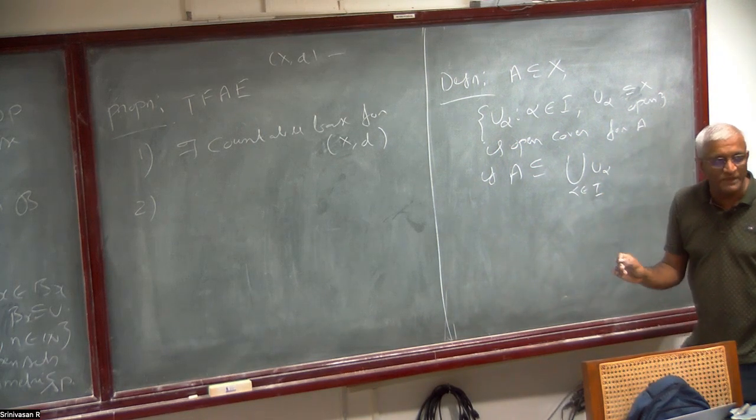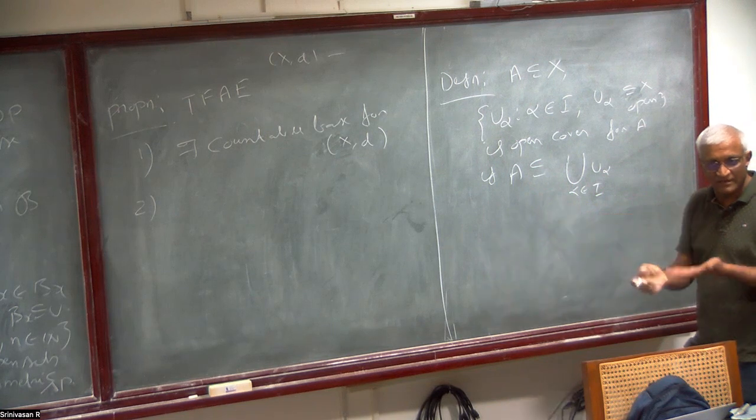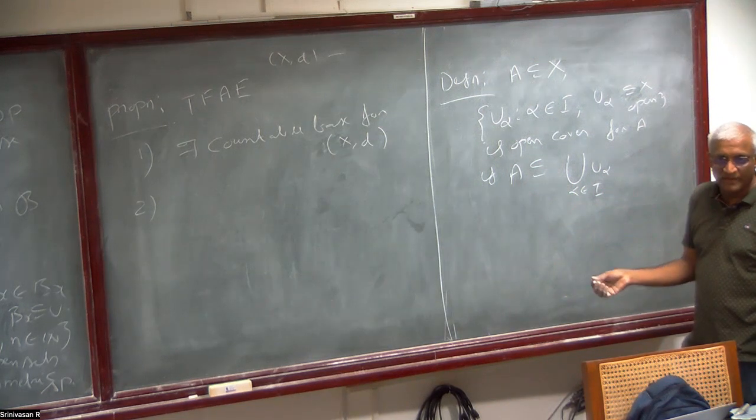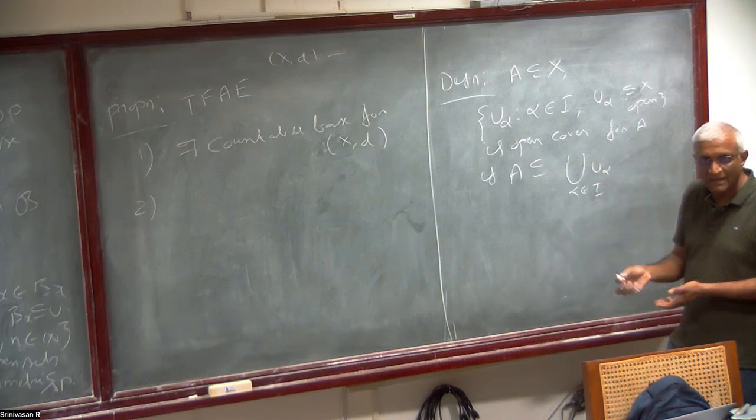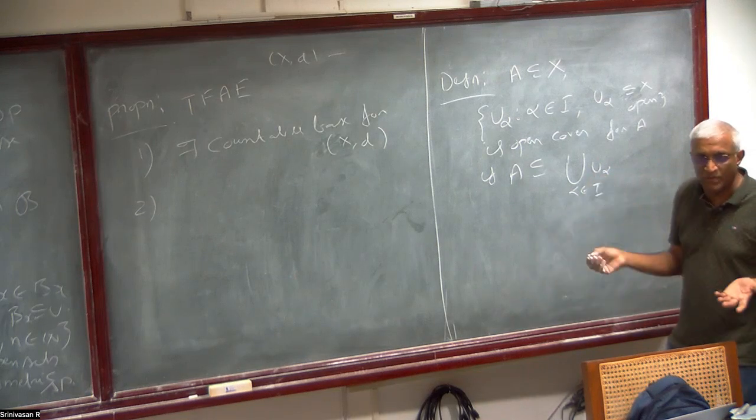You have a collection of open sets, and when you take the union, it should cover A. If the collection is just some sets, it's a cover; if they are all open, then it's called an open cover.